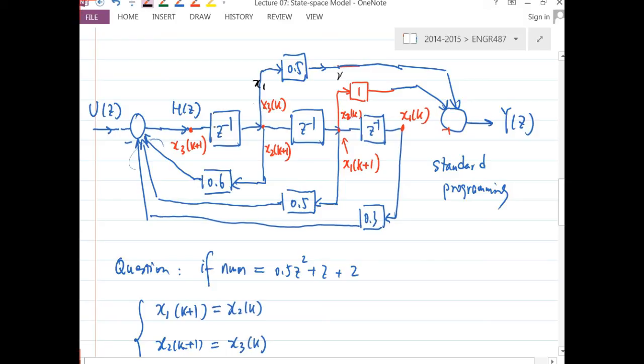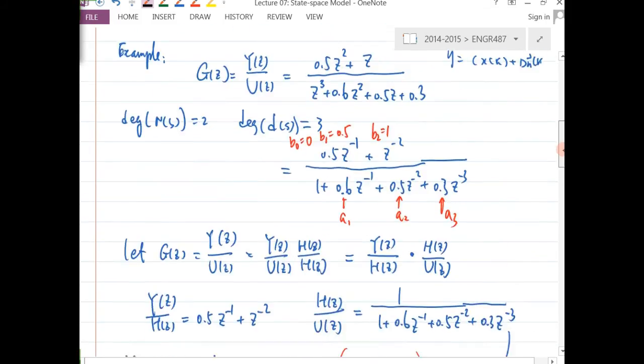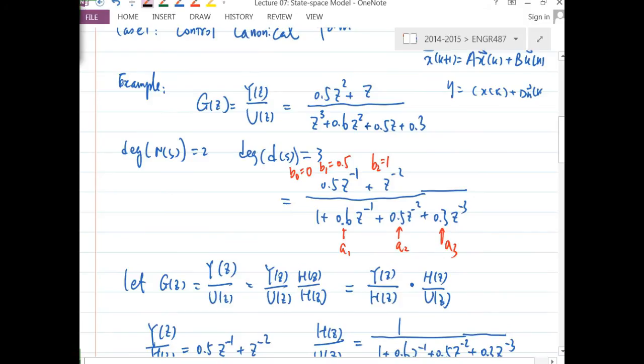Having said that, that basically means, given a system like this, how many possible state space models can we generate? 1 or 2 or 3, right? Or infinite. Basically, given a system, you can have an infinite number of ways to generate a state space model to describe the same system.